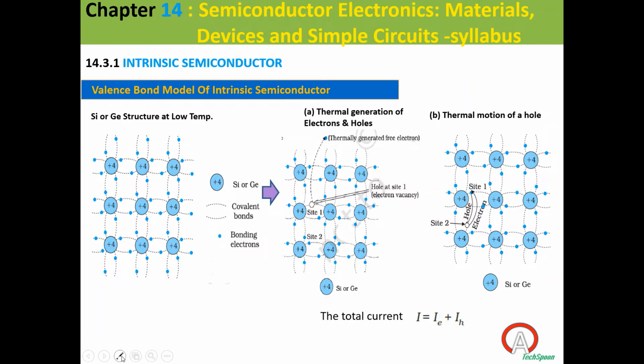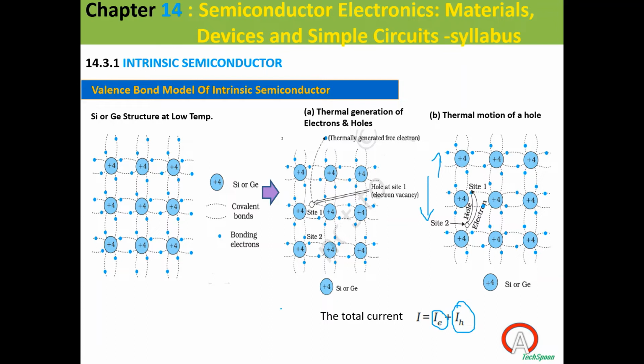The electron current is in one direction, and in the opposite direction there is a hole current. IE is the electron current, IH is the hole current. Both magnitudes are the same but in opposite directions. IE will be equal to IH in an intrinsic semiconductor, because the number of holes and electrons generated will be equal. That is a very important point.